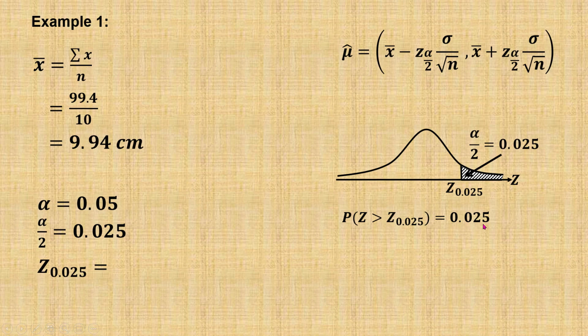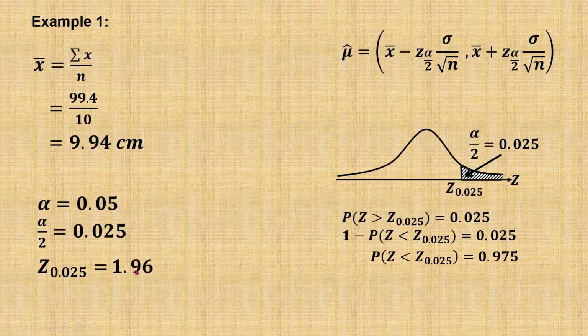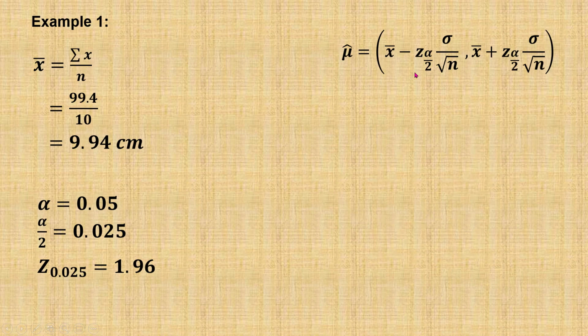And 0.025 is not in the normal table, so we change Z greater than to 1 minus Z less than. Then we simplify, so Z less than this value is 0.975. Based on the normal table with probability 0.975, this Z value is equal to 1.96.